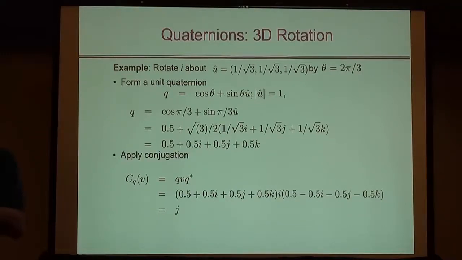Now, it's possible that for a line in the rigid body, the angle of rotation could be more or less than that, depending on the orientation of the line. If the line happens to be aligned to the rotation axis, it's not going to change at all. If it's perpendicular, it will have the maximum change. If it's somewhere in between, the angle of rotation will be somewhere in between.